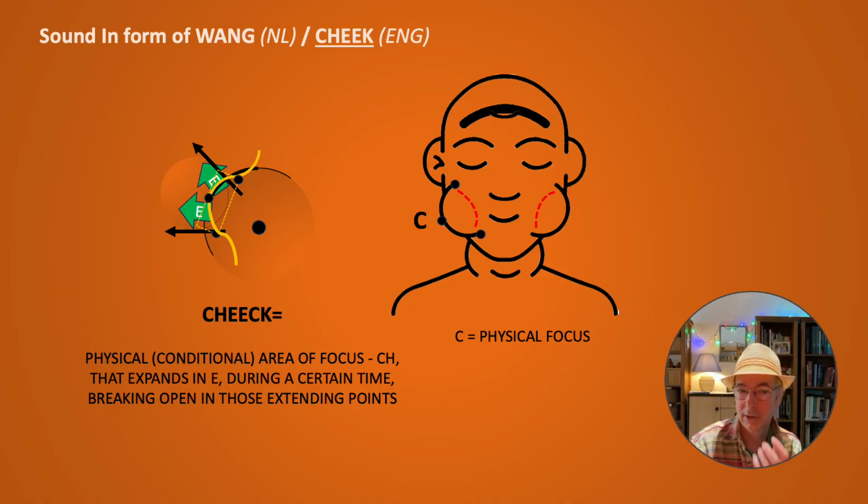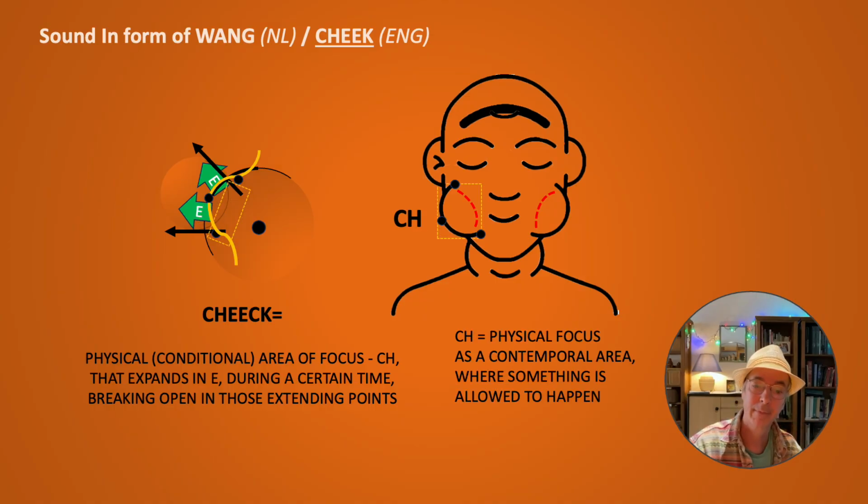We will see that C is that physical focus upon the surface, of course, defining actually the borders itself. The H will add this definition of the contemporary area where something will be allowed to happen, and I will say it flourishes there with H, but yes, that's where that materialization process occurs.